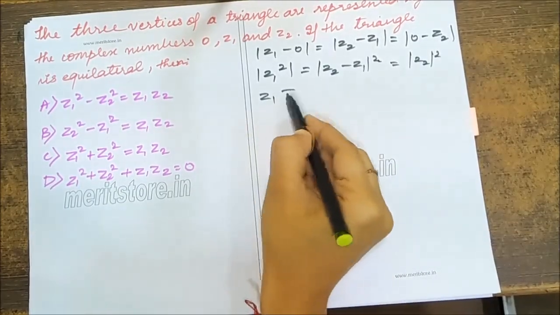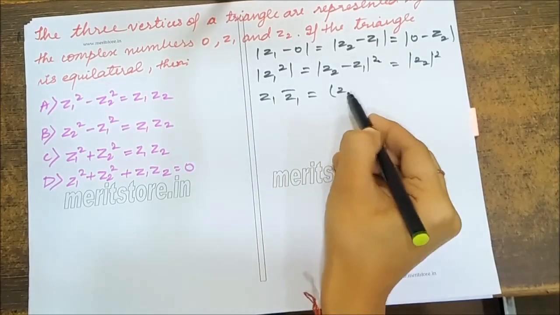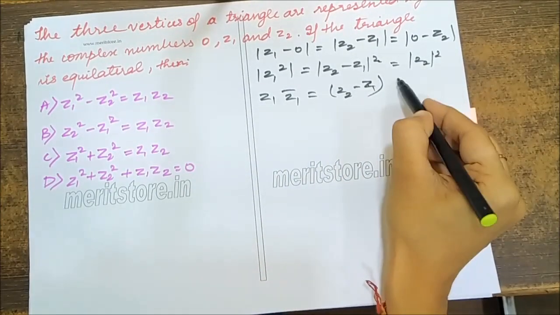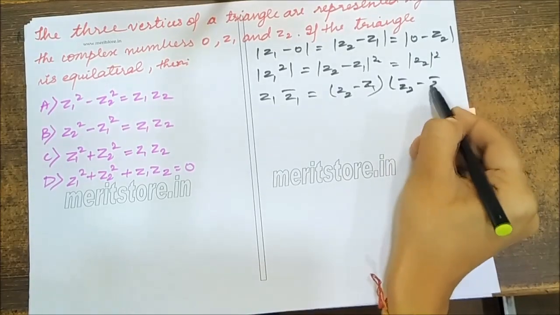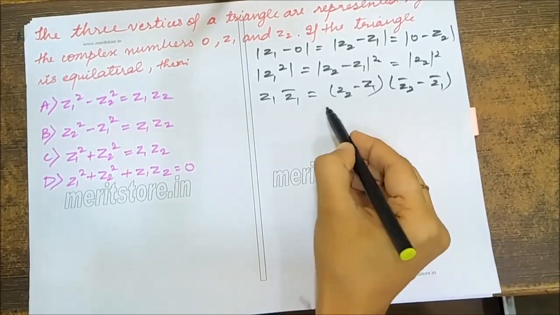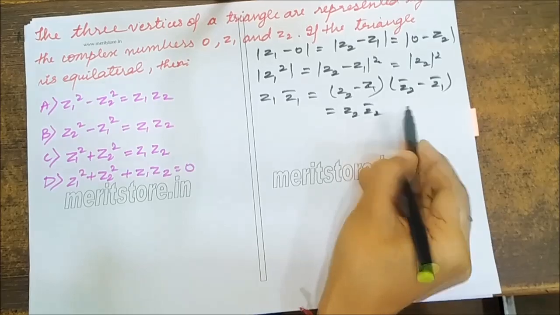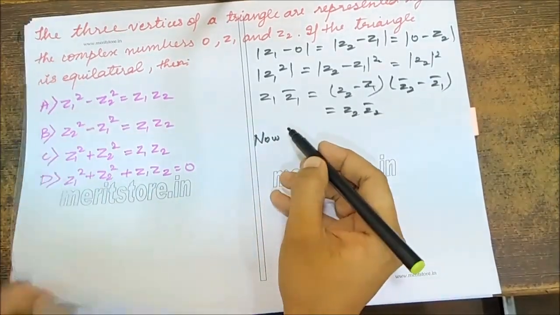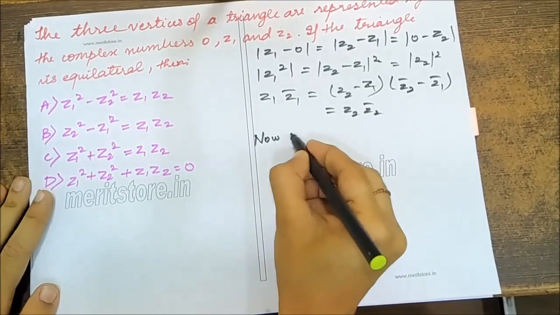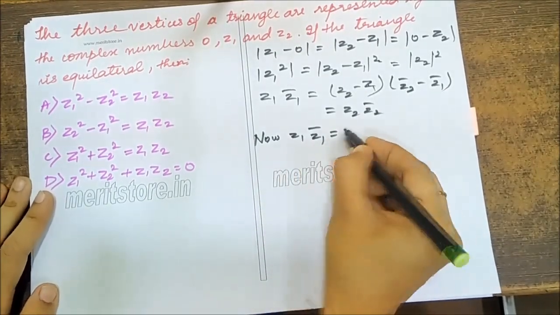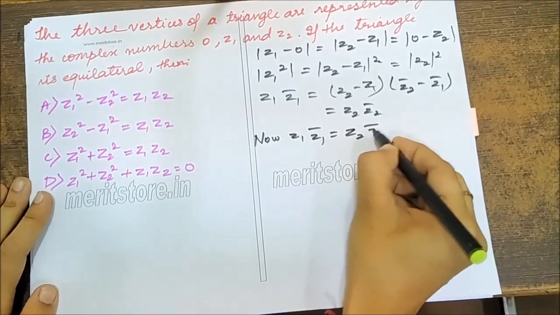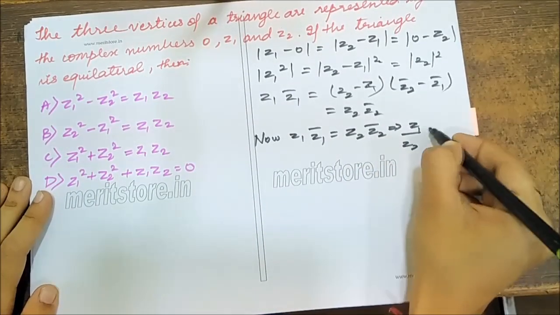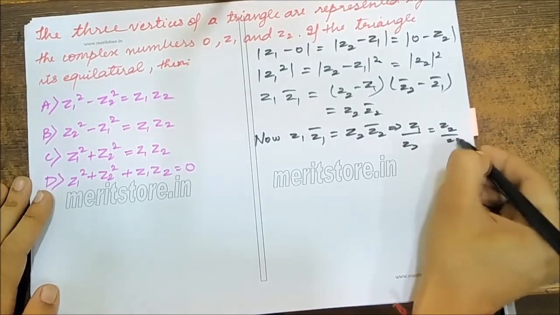So modulus z1, bracket of z2 minus z1, modulus of z2 minus modulus of z1 is equal to modulus of z2. So here modulus of z1 is equal to modulus of z2. So z1 upon z2 is equal to z2 upon z1.